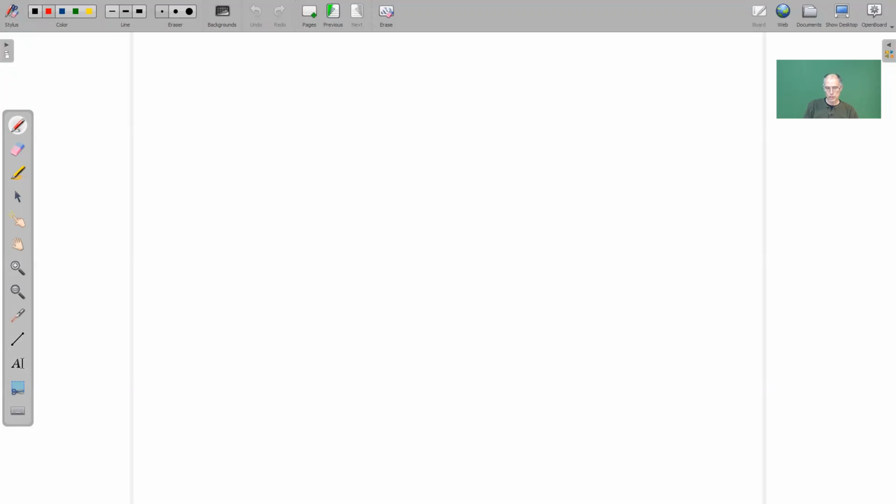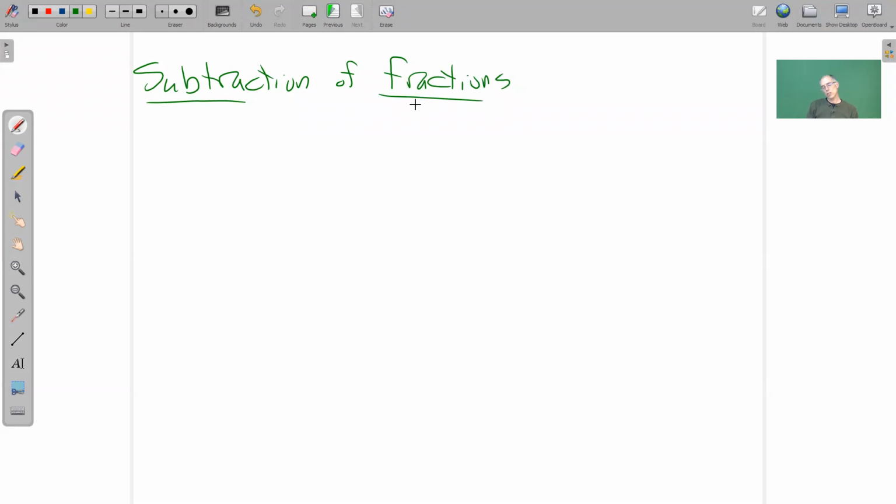So we'll come back to addition in a moment, but I want to jump into subtraction right now. Just like with addition, we need to know two things to be able to subtract fractions. One, we need to know what a fraction is, and we kind of got that down now.